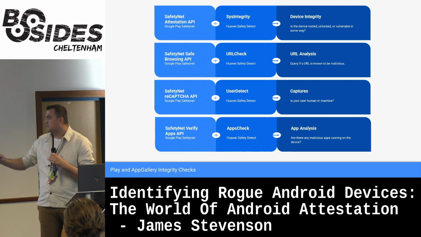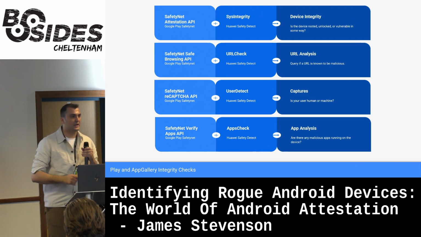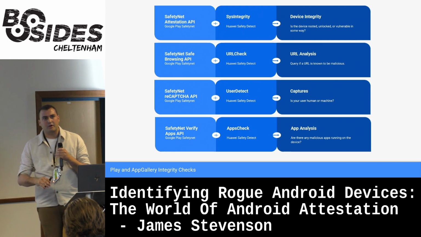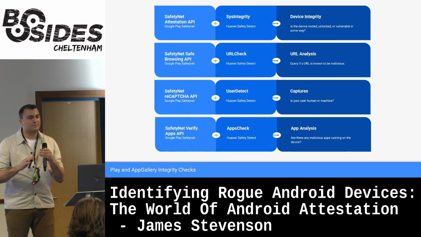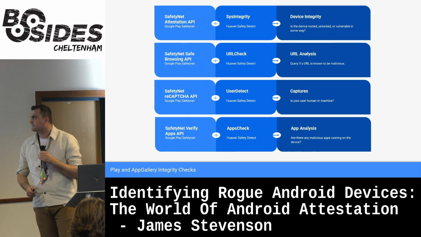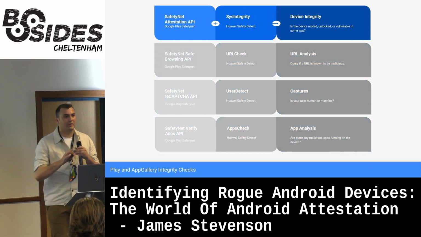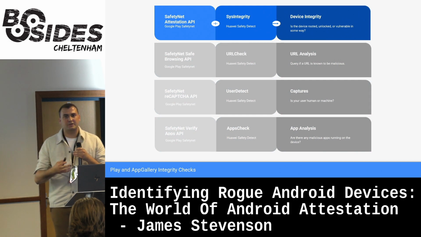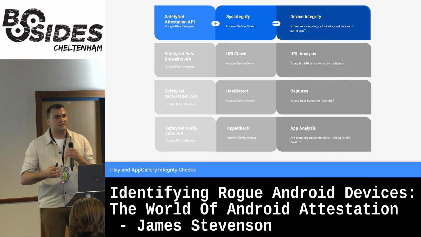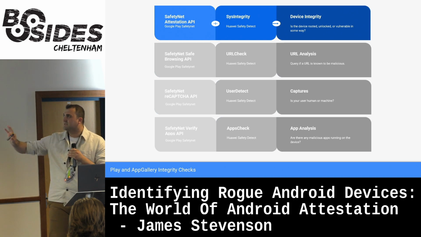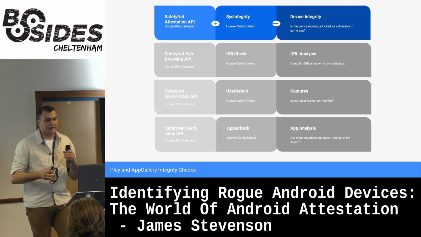And then finally, a really interesting one, which is the app analysis API, which will allow a developer to identify if there's any known malware on the same device as their application. So you can probably guess we're focusing on that top one today. We're focusing on device attestation and device integrity. And we're going to be specifically focusing on Google Play Safety Net.